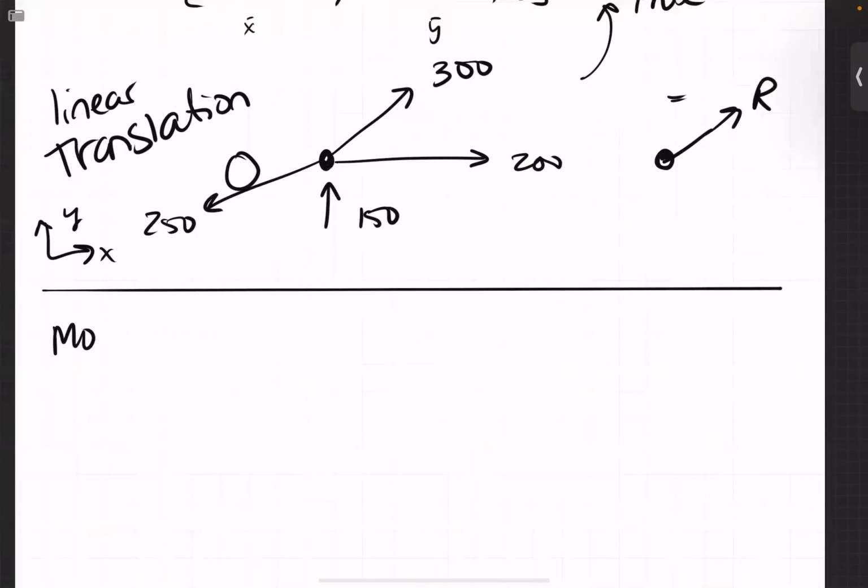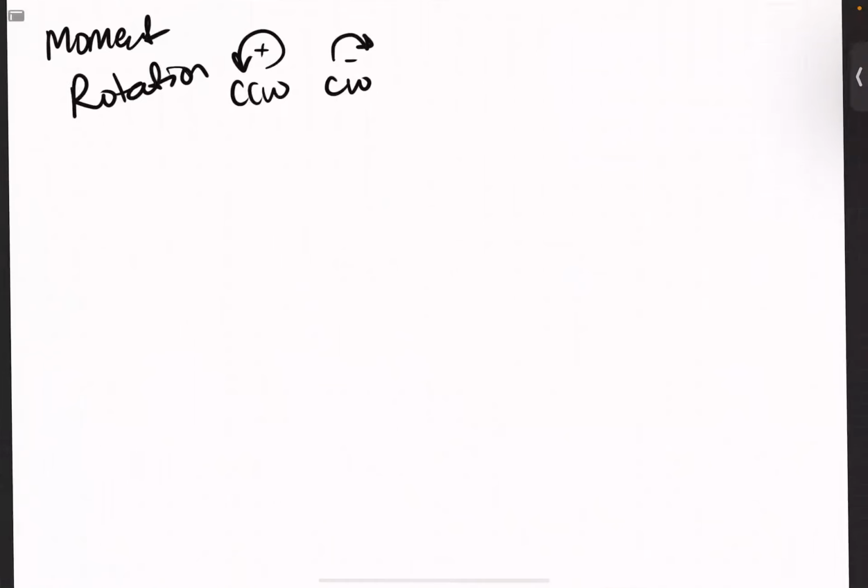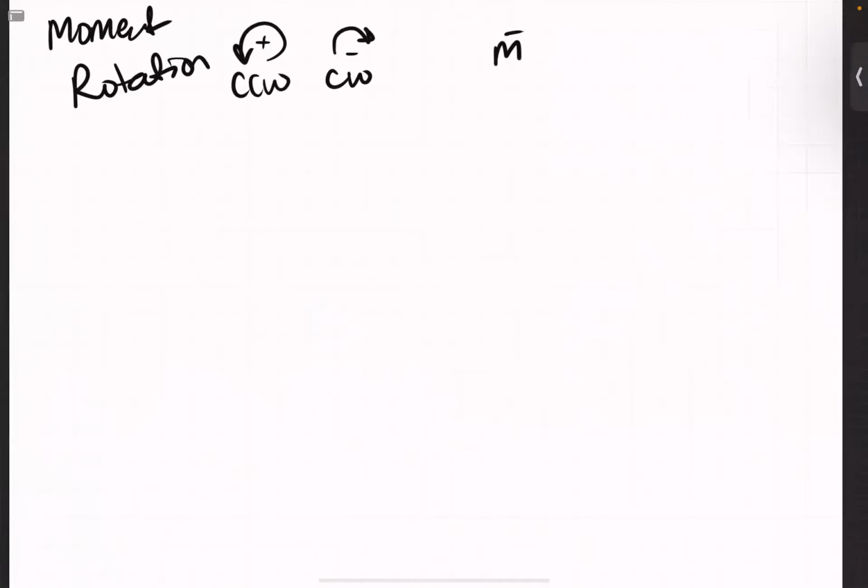For the moment, this is rotation with counterclockwise being positive and clockwise being negative. For a moment, R cross F, this is where Rx Fy minus Ry Fx.